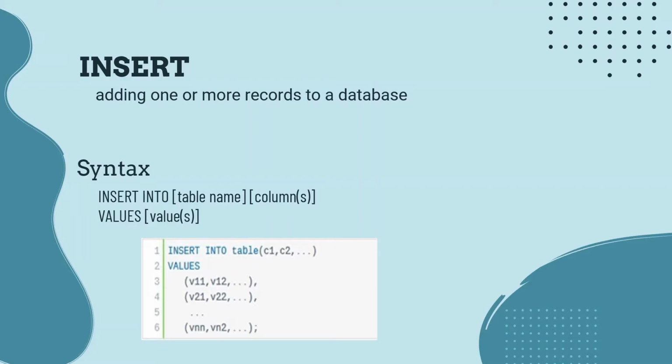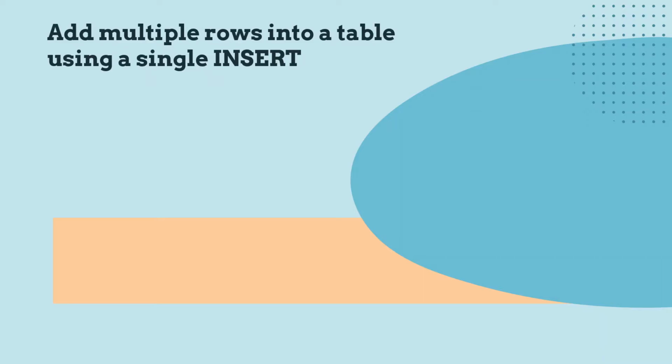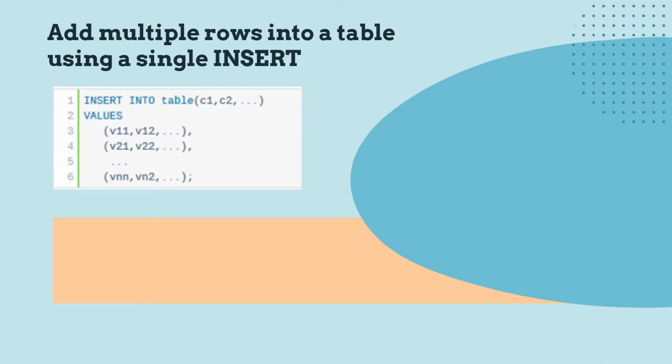In addition, the position of columns must correspond with the position of their values. And then to add multiple rows in a table using a single insert statement, we can use this following syntax. In this syntax, rows are separated by comma in the values clause.